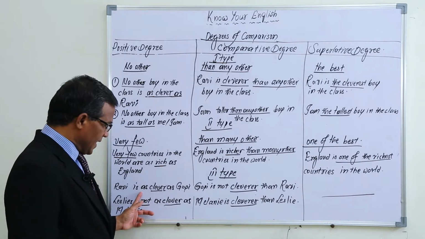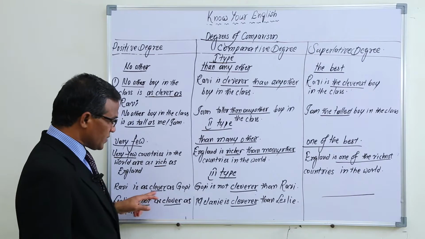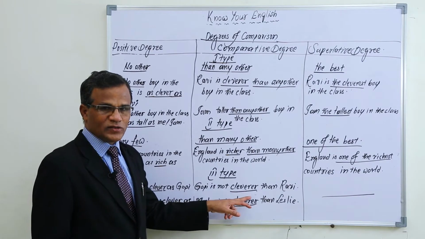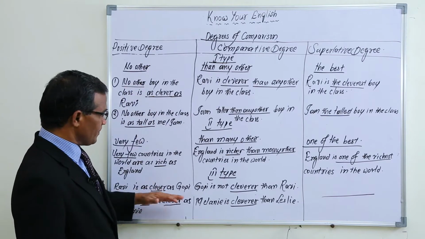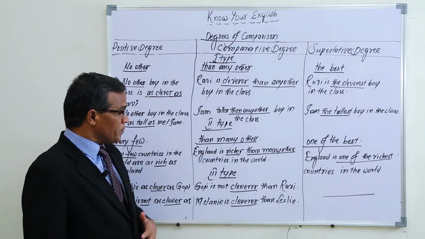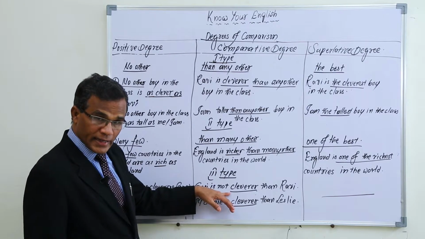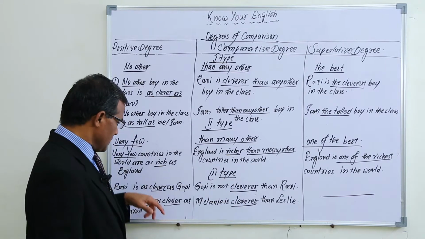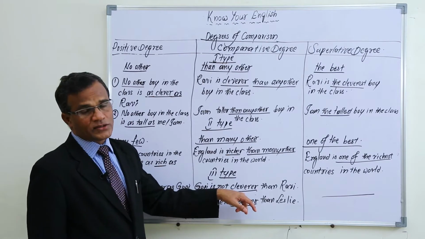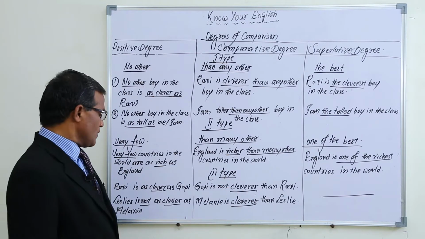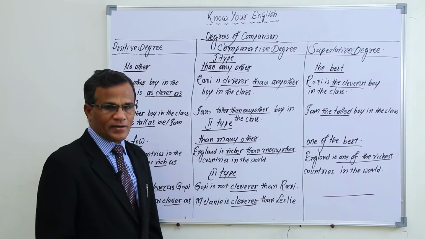So this is a positive sentence and this is a negative sentence. When a positive sentence is there in positive degree, in comparative degree we have to maintain a negative sentence. Clever, and the comparative degree form is cleverer, so we are using cleverer here. Ravi is as clever as Gopi, Gopi is not cleverer than Ravi.